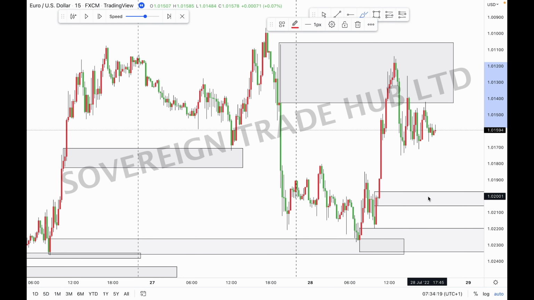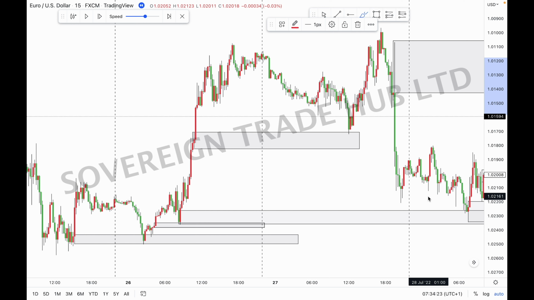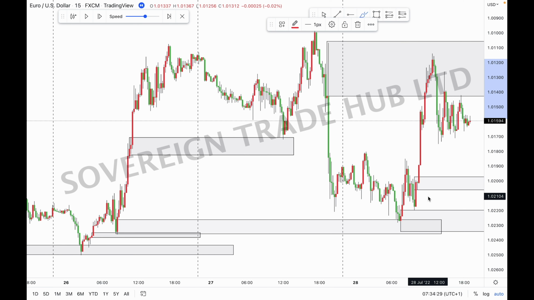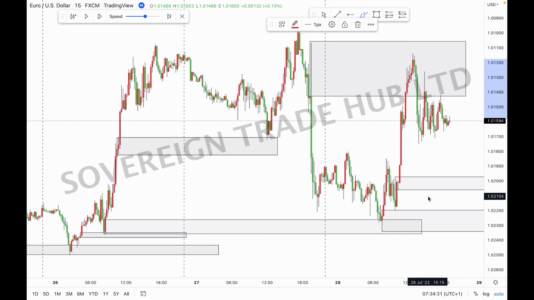Now, in addition to that, take note of what I'm about to say now. In a mitigated zone, stop loss should be placed before it. Let me explain this further. This is a buying scenario, and having the same price mitigate this level, what do we do?